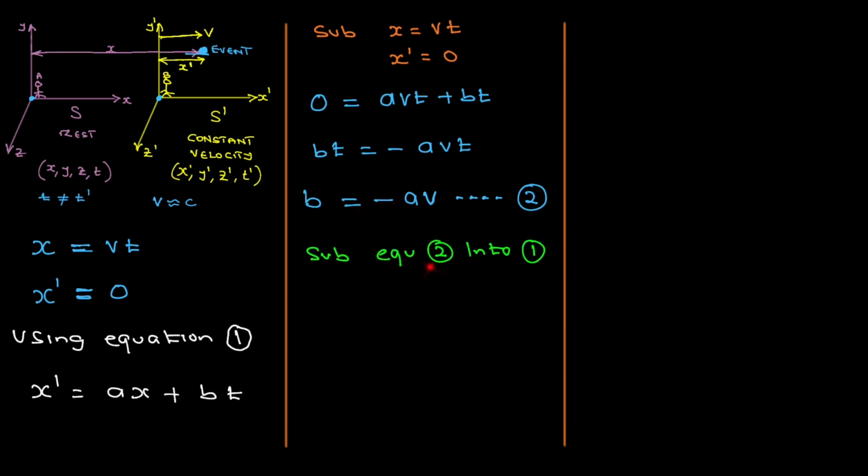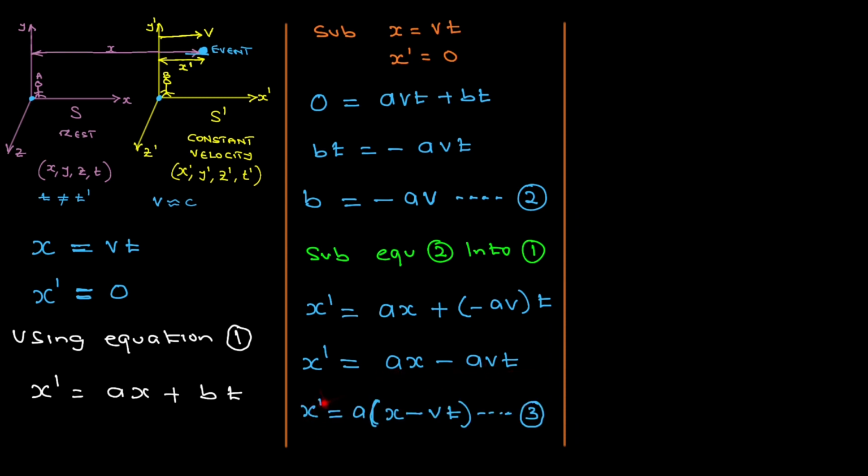If we substitute equation 2 back into equation 1, x prime equals ax plus minus av times t. Expanding that, x prime equals ax minus avt. a is a common factor here. Therefore x prime equals a open bracket x minus vt close bracket, and that will be equation 3, to find a, because we don't know what a is.